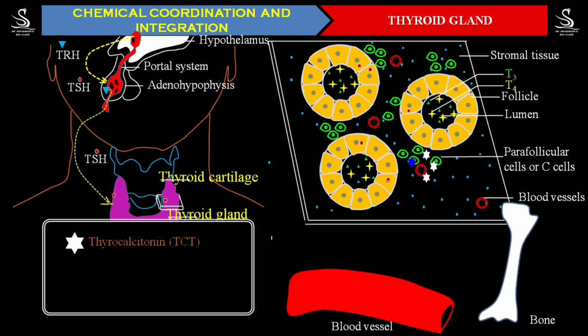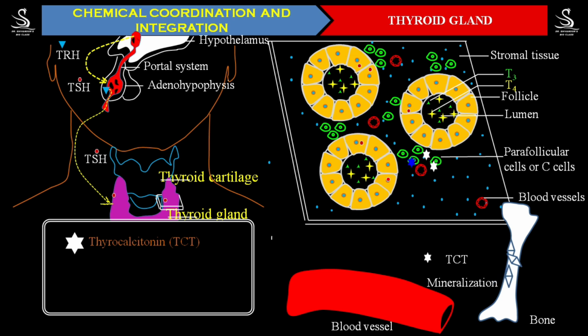What type of role is it going to play then? Suppose here the blood vessel is there and the bone is there. In the blood, there are calcium ions. Whenever the calcium ion concentration increases in the blood, by that time thyrocalcitonin hormone is secreted, and that thyrocalcitonin hormone will enhance the deposition of calcium into the bone.